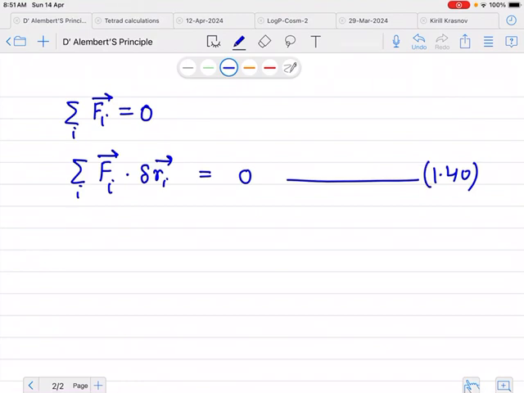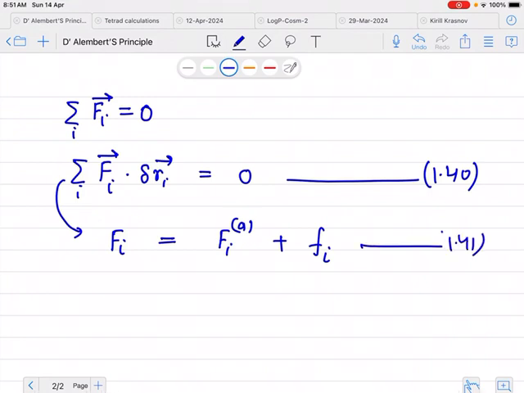Suppose we decompose this total external force into two parts. One is the applied force, and the second part is the force of constraint. Constraint means restriction. So equation 1.40 with the help of equation 1.41 becomes this.